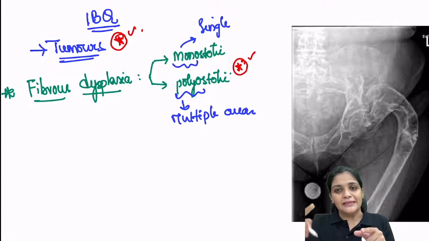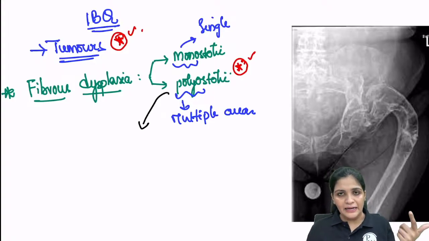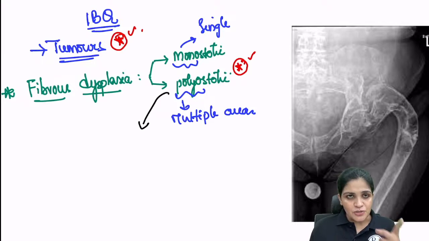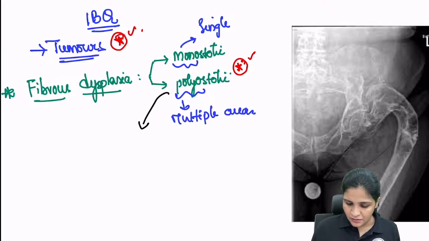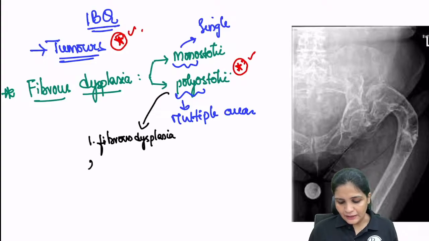Polyostotic means it can be seen in multiple bones. Now, can you name me any other tumor which can be seen in multiple areas? So first one is fibrous dysplasia, right? Whenever somebody is talking about multiple areas, the first one is fibrous dysplasia. Then the second one is enchondromatosis.